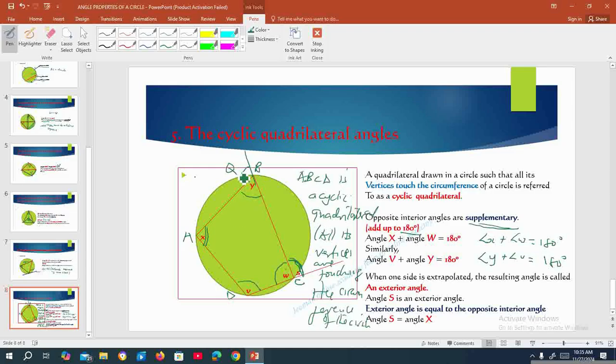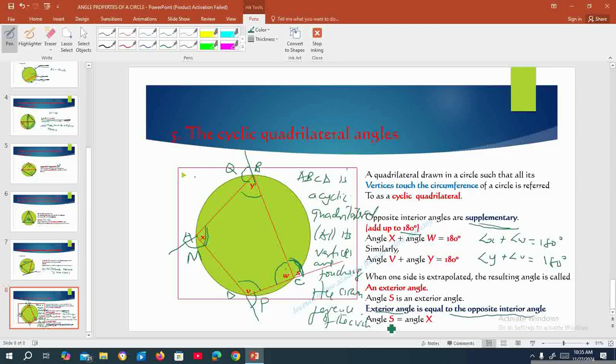Let's call it angle Q. We extrapolate this one, we get another angle, maybe angle M, and so on. We extrapolate, you can get another angle, maybe angle P. So the exterior angle is usually equal to its opposite interior angle.